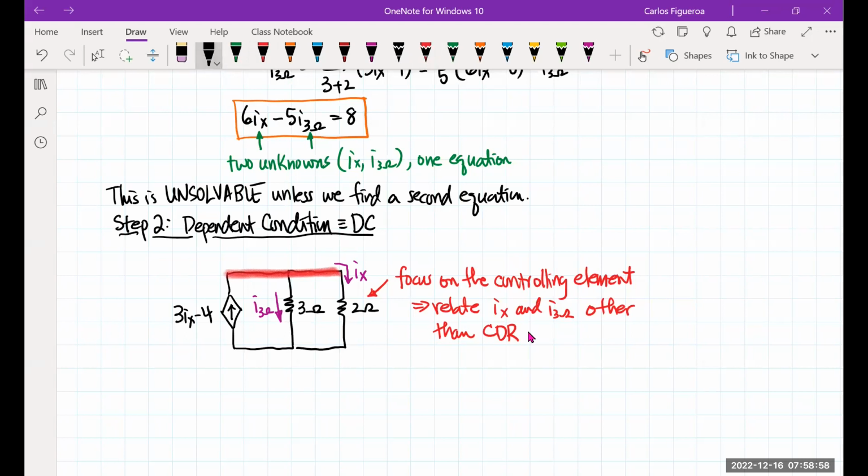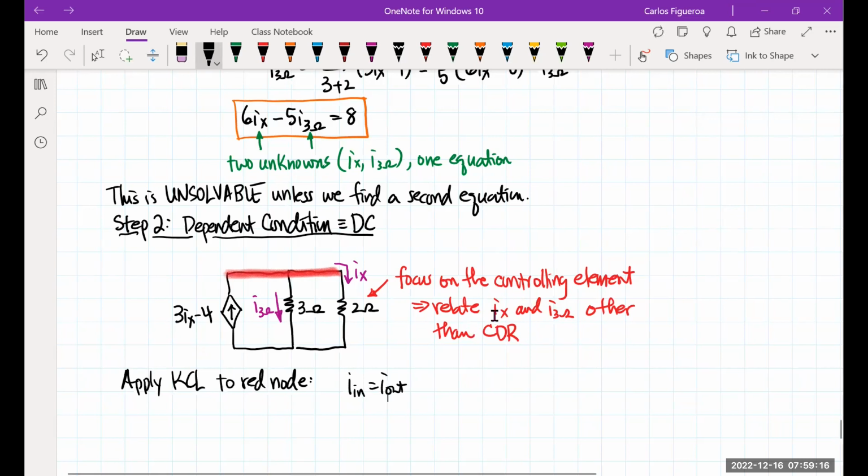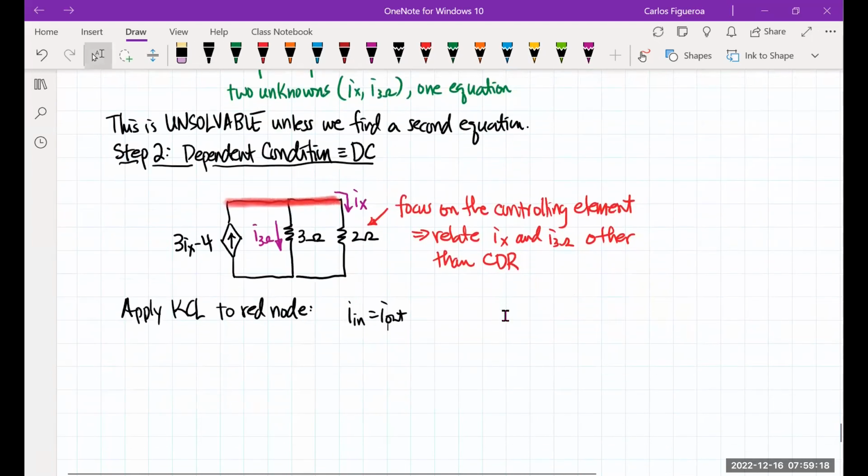So I'm going to apply KCL to the red node. That means the current coming in has to be the current coming out. The current coming in has to be 3Ix minus 4. What's coming out is I3 ohm plus Ix.